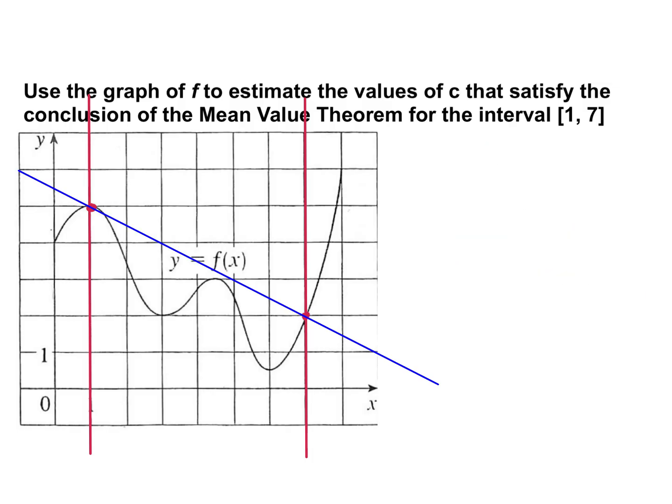Can you find points on this graph where the tangent line is parallel to the secant line? So what I want you to do is draw them in. There's more than one. Find where there are tangent lines parallel to this blue secant line, and then estimate the values of c, that's the x values, at those tangent lines.